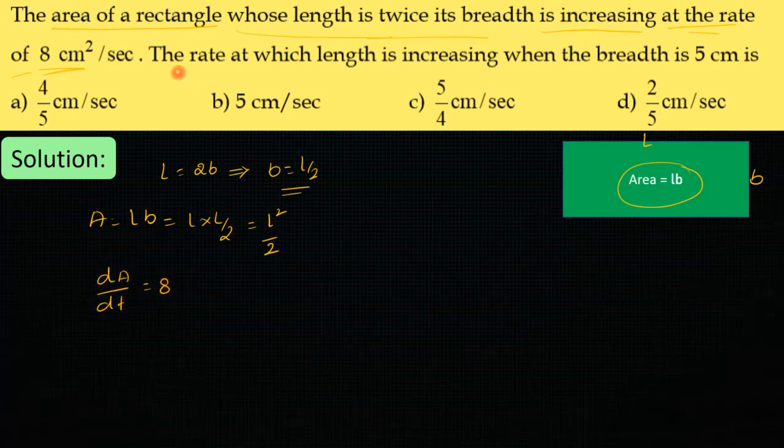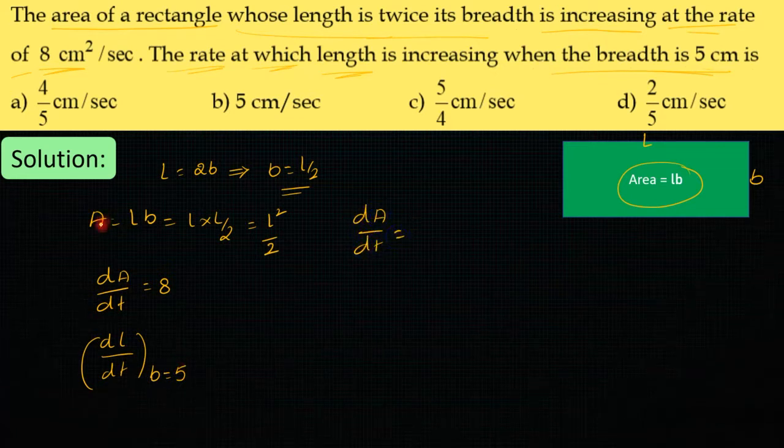Now we have to find the rate at which length is increasing when the breadth is 5 centimeters, that is, we have to find dL by dt at breadth B equals 5. Now dA by dt is equal to, differentiating A with respect to t on both sides, we get, here 1 by 2 is constant.